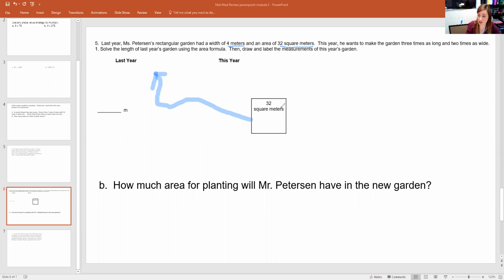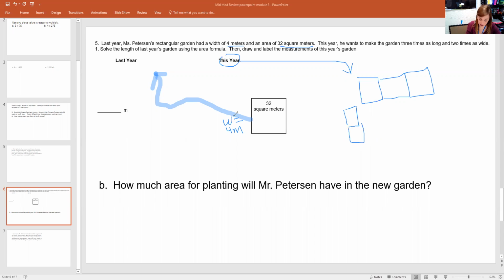Well, there's our 32 square meters. And we know the width was 4 meters. And then we know this year he wants to make one that's 3 times as long, right? And then we know it's going to be 2 times as wide. Okay, so we know that much.